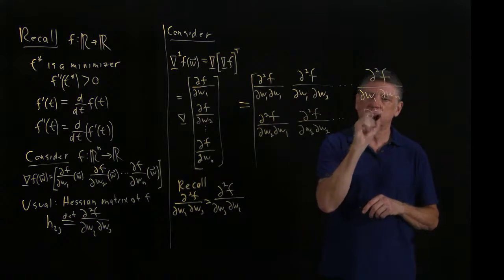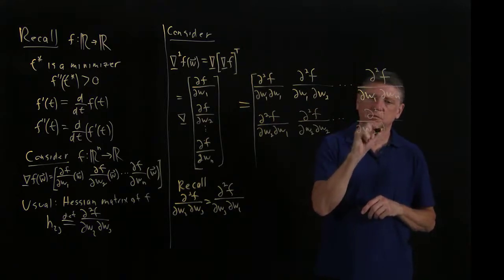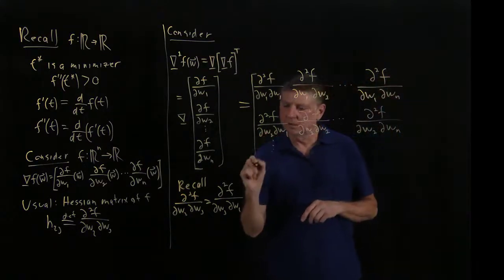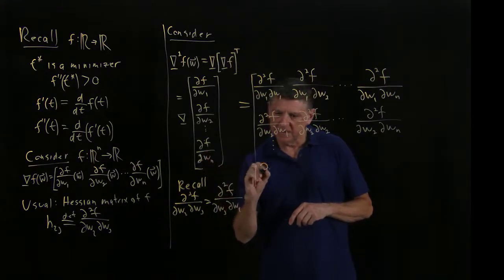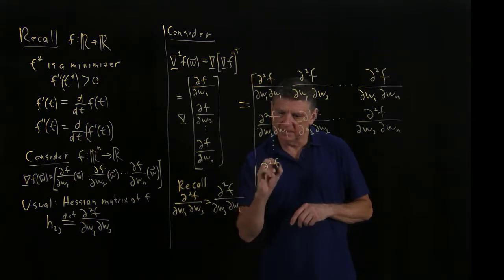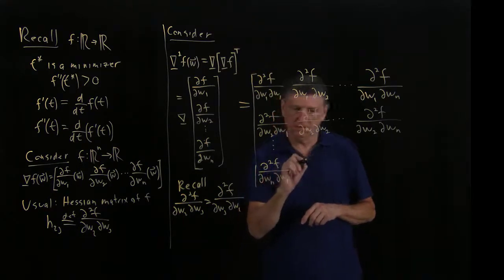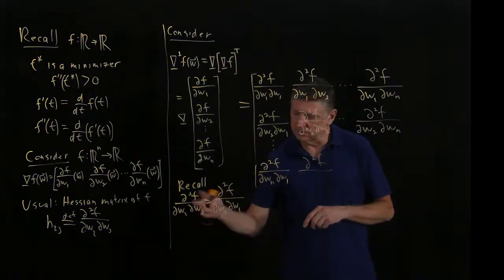This entry is 2, n, and I can carry on until I get to my last entry here, and its gradient is the second derivative, and now I'll make that n1, second derivative, commute.